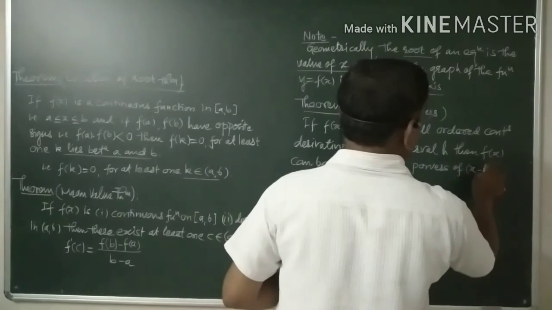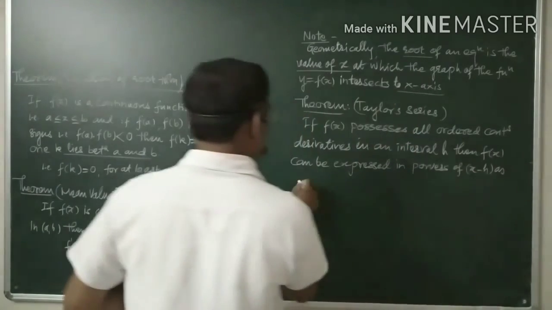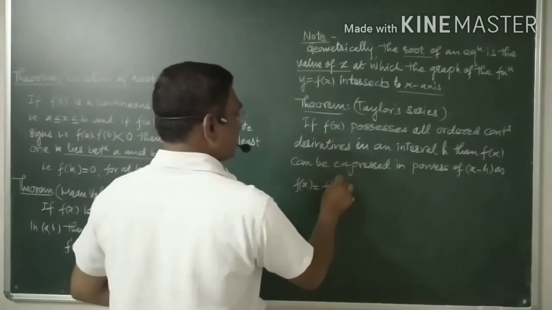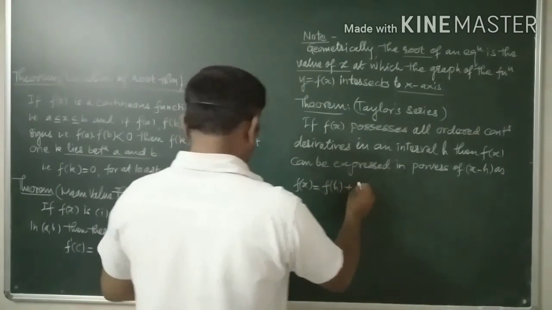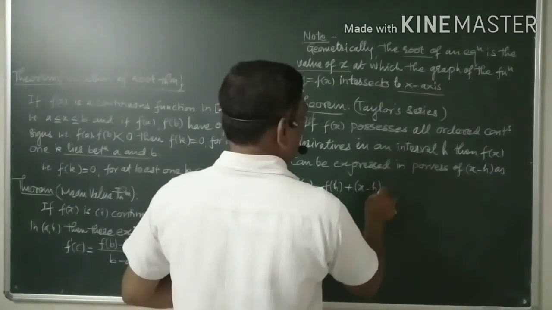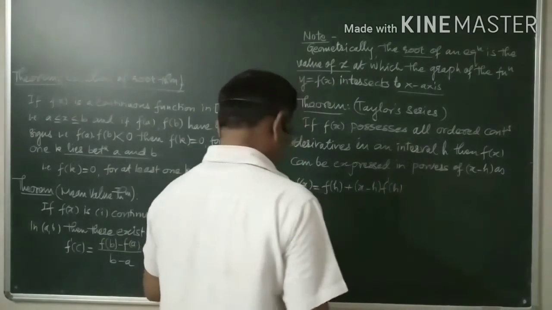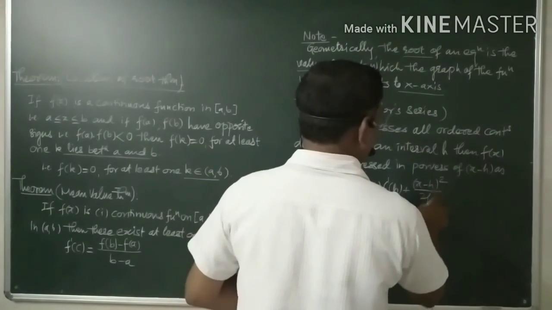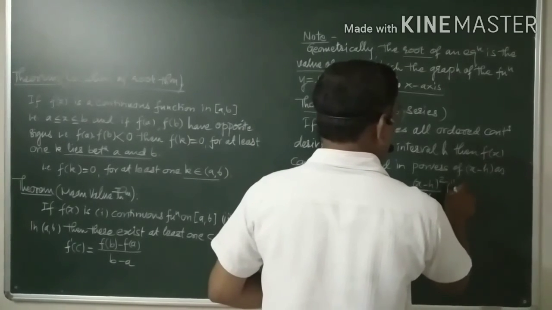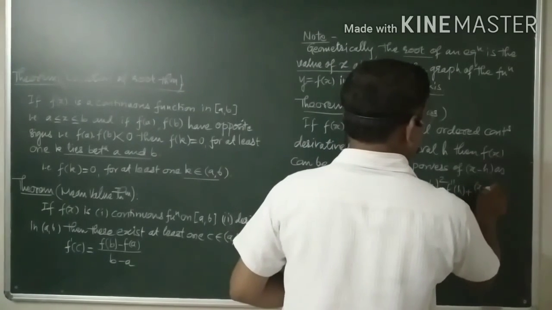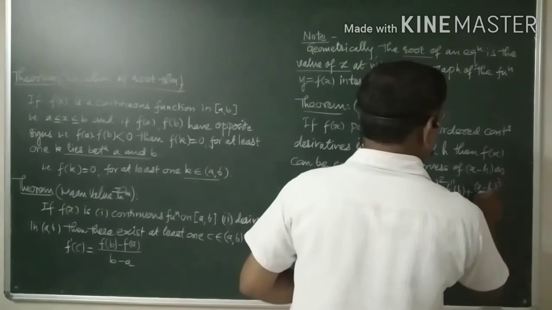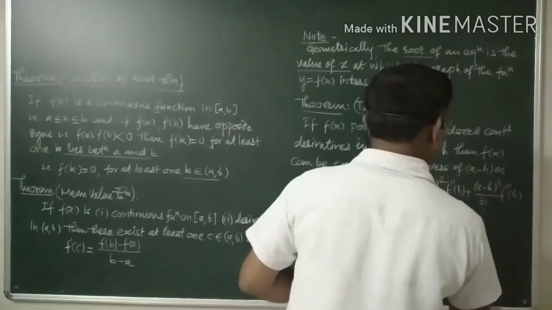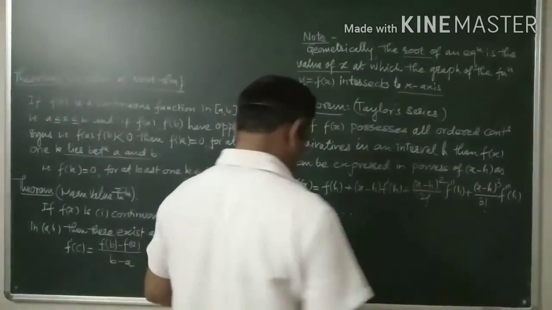of x minus h, as f(x) is equal to f(h) plus (x minus h) f dash of h plus (x minus h) squared upon 2 factorial f double dash of h plus (x minus h) cubed upon 3 factorial f triple dash of h plus so on.